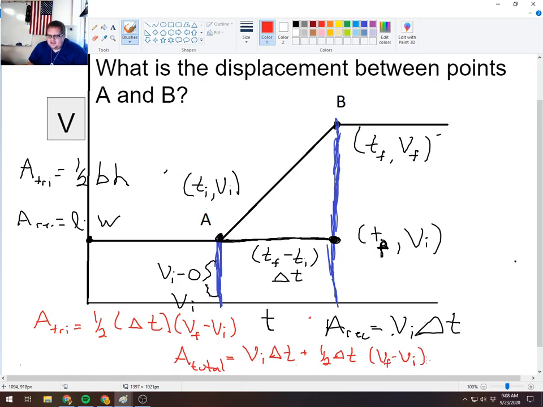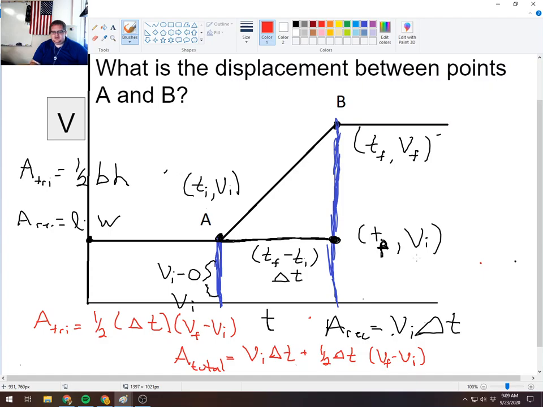Now this is an equation you could use. There's another form of this equation that we can use though, because if I were to distribute this, notice we'd have almost the exact same thing here. We'd have VI delta T, there'd be a 1/2 there, and there would be this 1/2 delta T there.